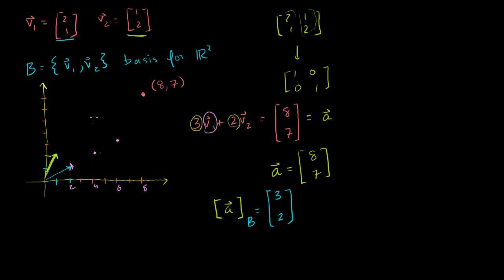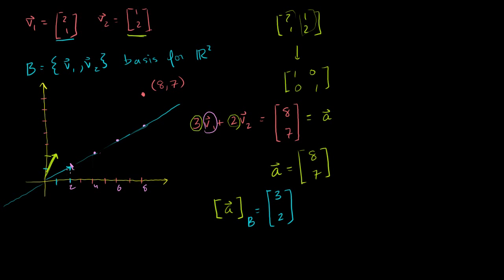And then 4 times v1 would get us to 8 and 4. All right? So you can imagine that what I'm drawing here is kind of the first axis, generated by v1. So I could draw it. Let me do it in this blue color. So you could imagine it like this. This would be a straight line, just like that.